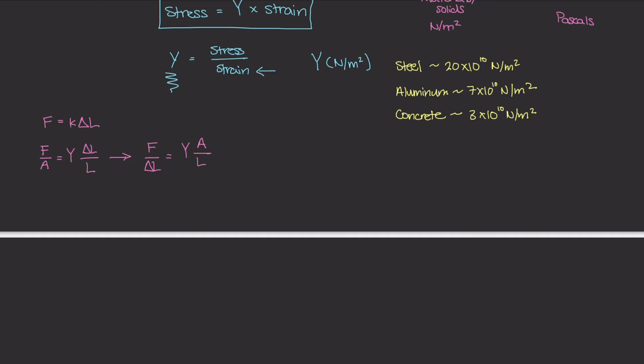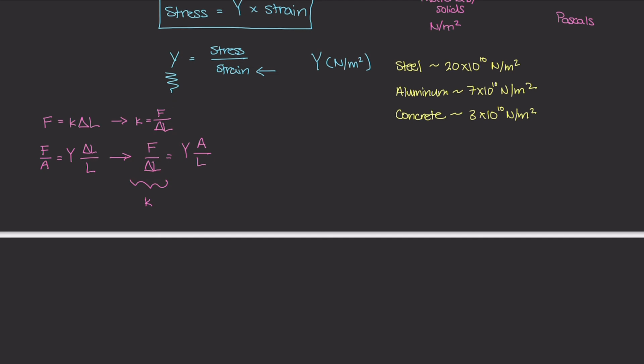And the reason I rewrote it this way is because this F over delta L is equal to K because of this relationship. Right? So if I take Hooke's law and I rewrite Hooke's law to be K is equal to F over delta L, then we can plug this in for this term here.